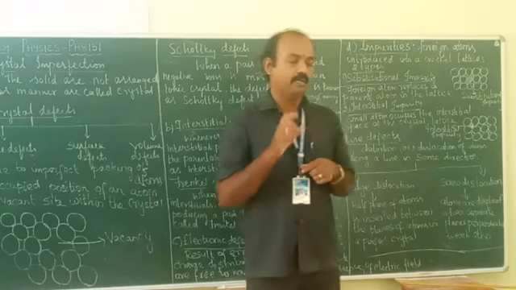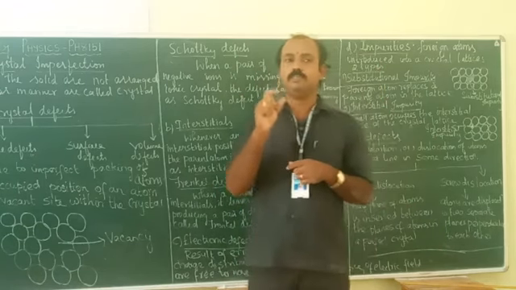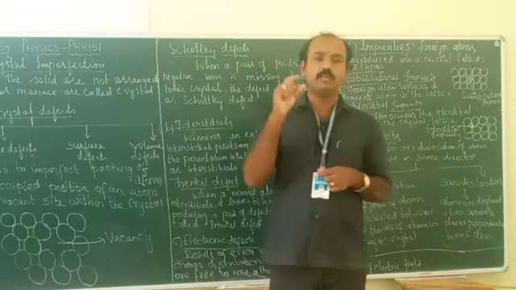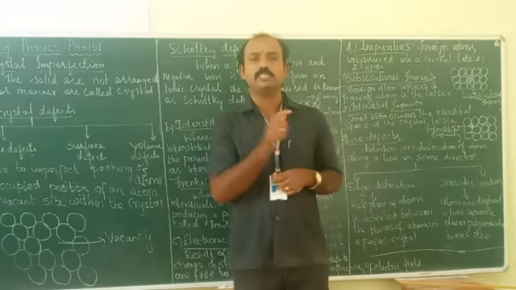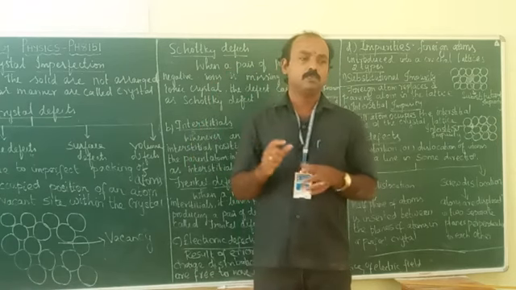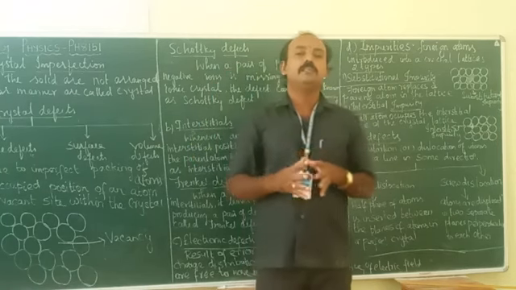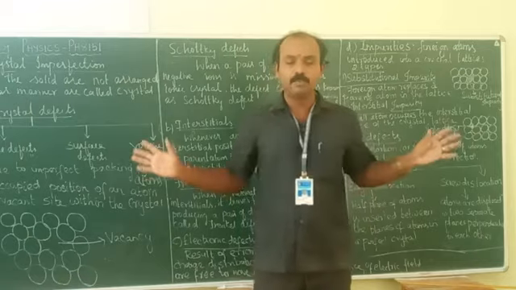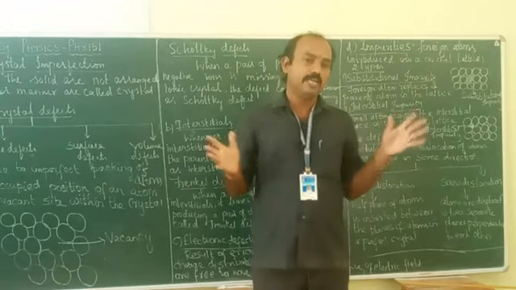I already explained that the arrangement of atoms in a systematic or regular manner forms a crystal. This happens line by line. So if the atom arrangement of the entire line is disturbed, that is a line defect.